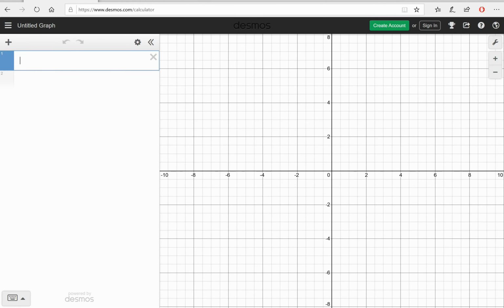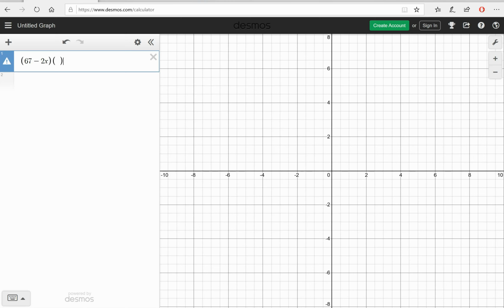So here is Desmos, and let me just enter the function there. I think it was 67 minus 2x, times, what was it?